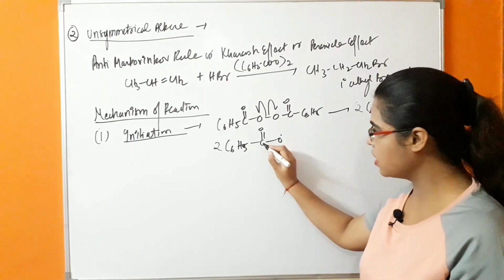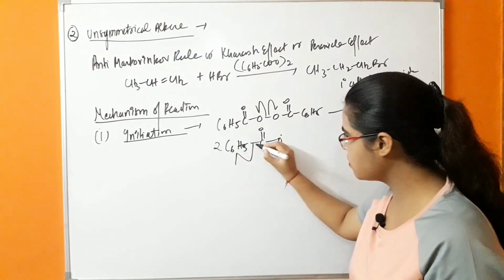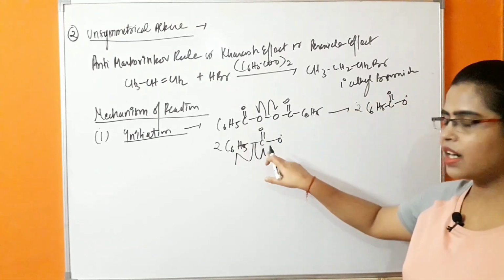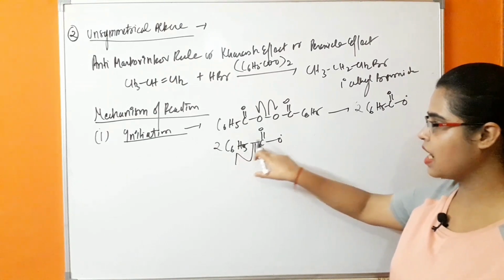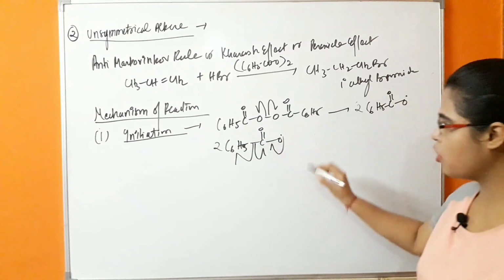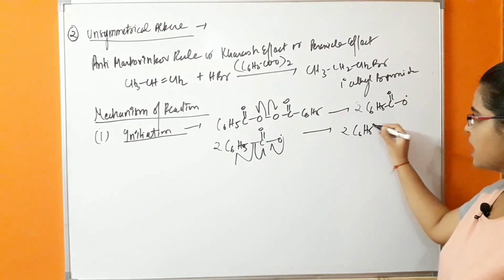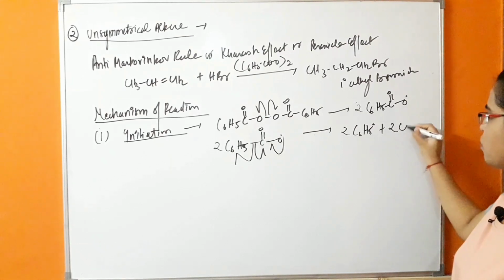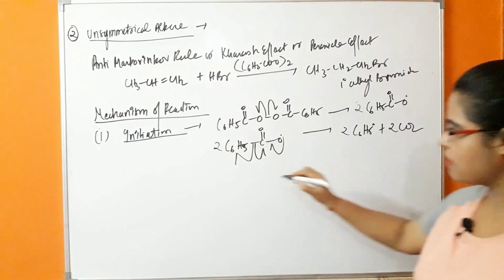Because of that, homolytic fission will take place in the bond between phenyl and carbon, due to which there will be formation of 2 phenyl free radicals and removal of 2 CO2 molecules.